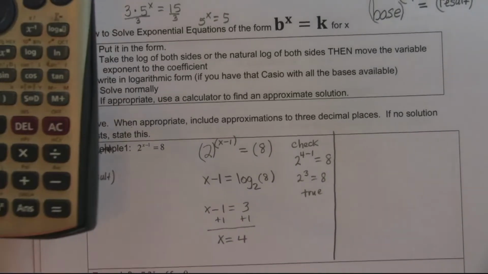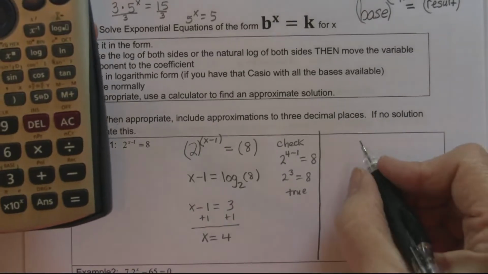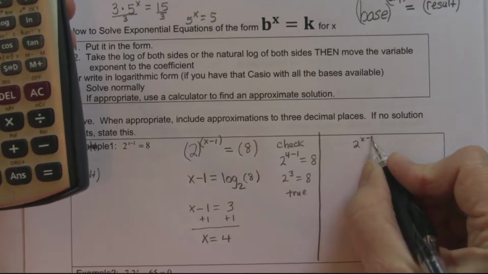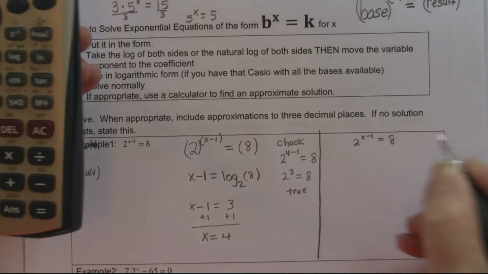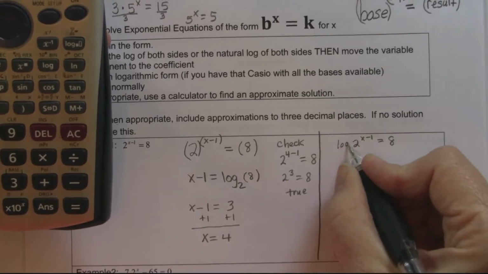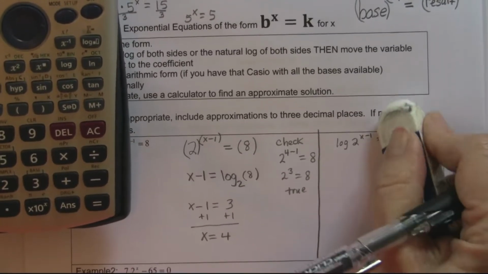If you have a calculator that doesn't have base 2, then another way that you could do it would be to take the log of both sides. Your choice on this. So when you do that, you take the log of this side, and you take the log of this side. I'm just going to scoot the 8 over.